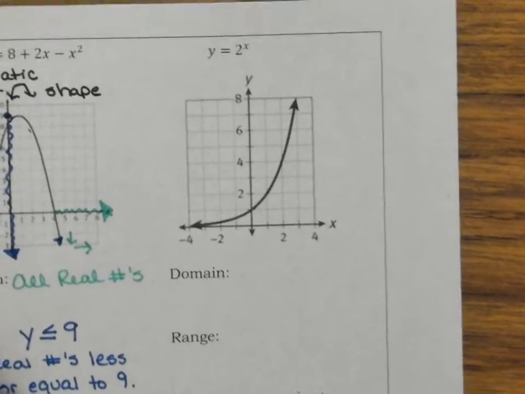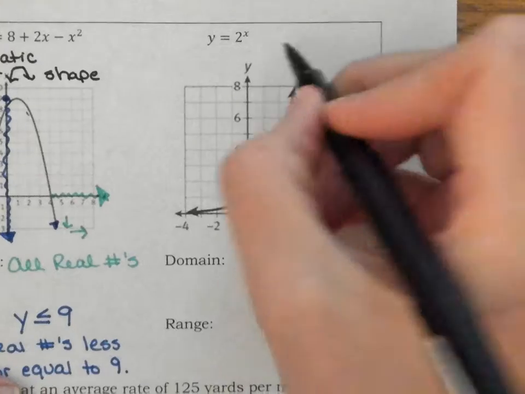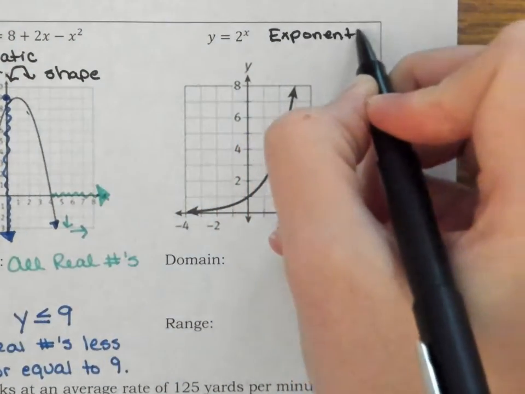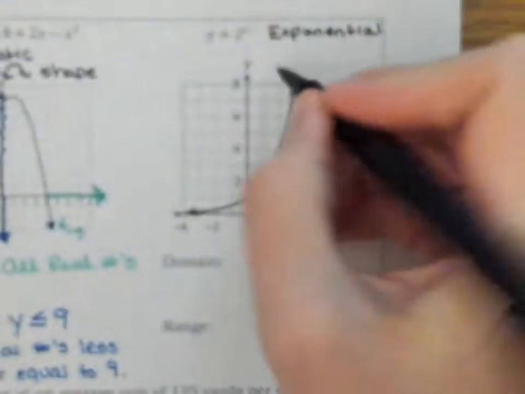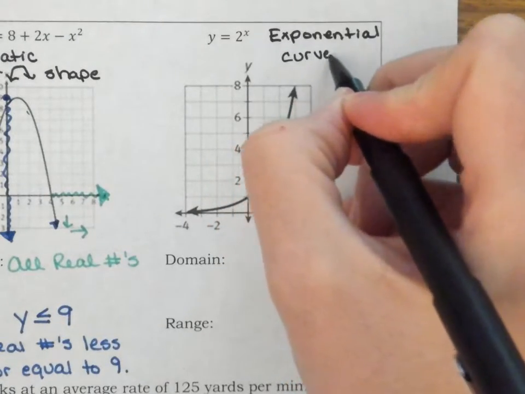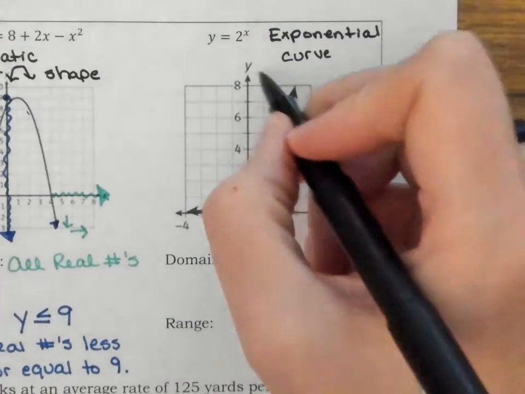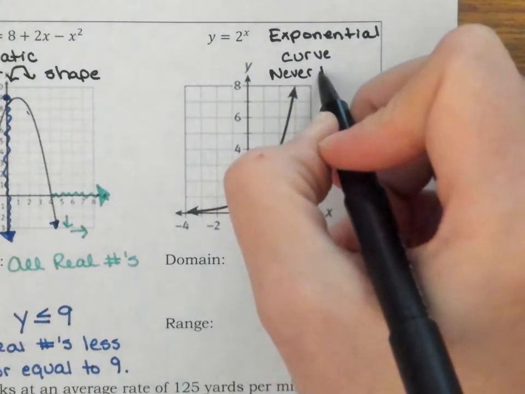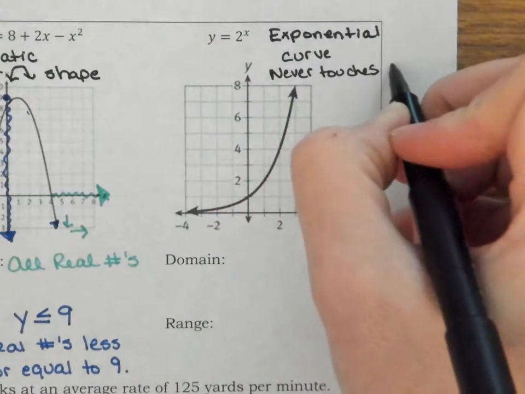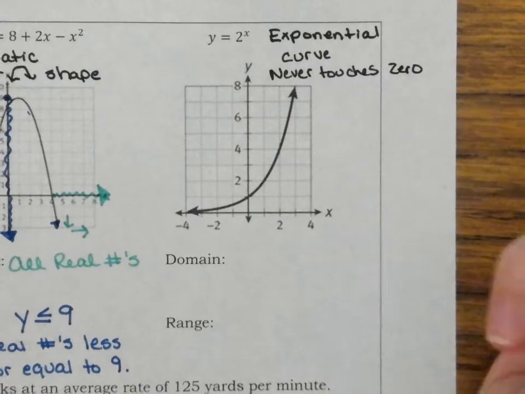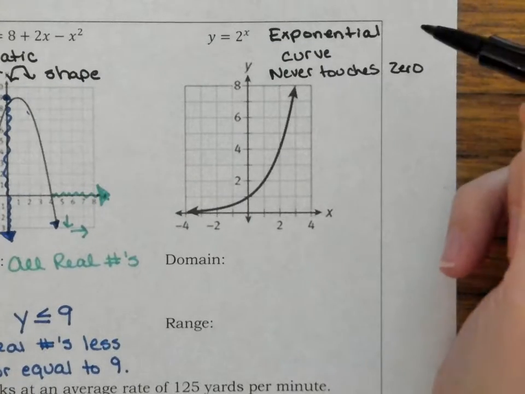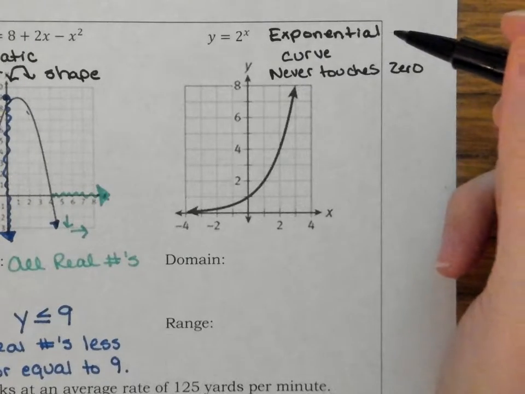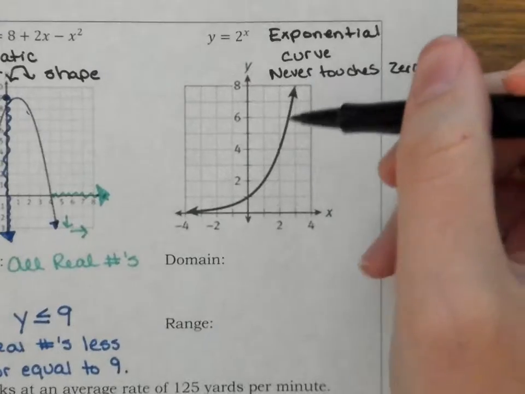Okay. The next one is an exponential function. And it creates a curve. And now this curve never touches 0. We'll definitely talk more about the properties of exponential functions next semester. But for this one, it just never touches 0.